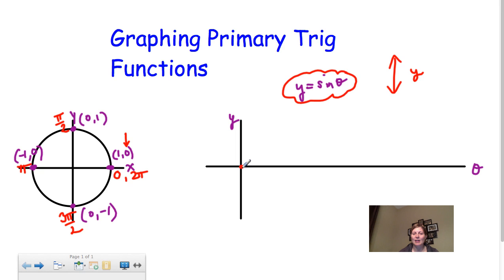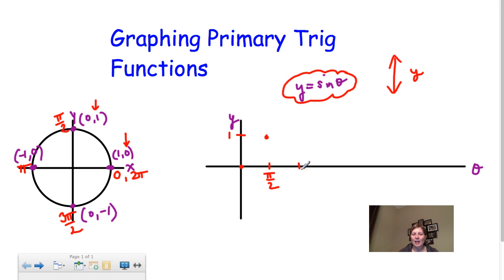So it's going to be right there. When I jump up to pi on 2 radians, so I'm just going to mark that because that's the angle I'm talking about, because this is my theta axis, my y guy is at a value of 1.